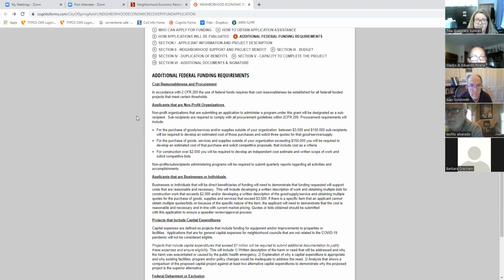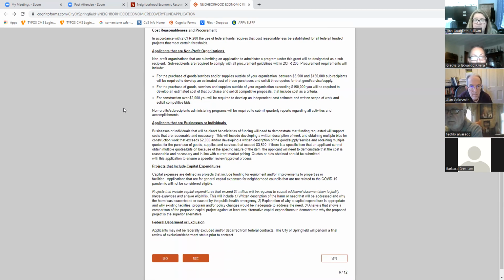So basically, for any funding that we spend, the city is required to demonstrate that all those costs are reasonable and they are comparable to what would be paid in the private market, even if it wasn't public funding.